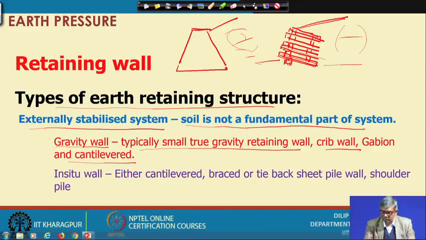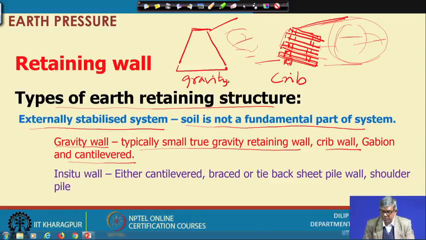Suppose this is a plank, this is a cross plank, this is a horizontal plank, and in between there will be openings, and those openings can be filled up with soil, and then the backfill soil also. Because of this soil it will give some pressure here, and some analysis can be done for this type of wall. So, this is called a crib wall, and this is gravity.